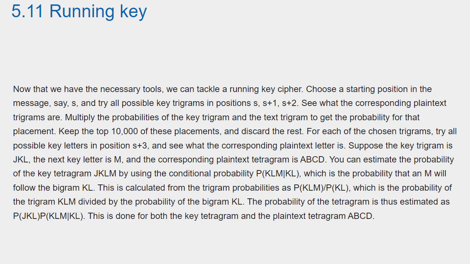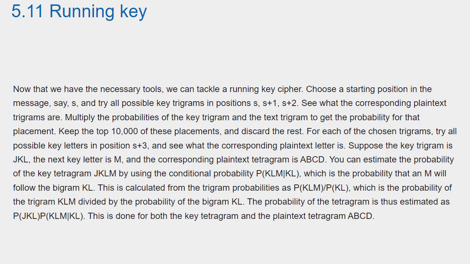Multiply the probabilities of the key trigram and the text trigram to get the probability for that placement. Keep the top 10,000 of these placements and discard the rest. For each of the chosen trigrams, try all possible key letters in position S plus 3 and see what the corresponding plain text letter is.